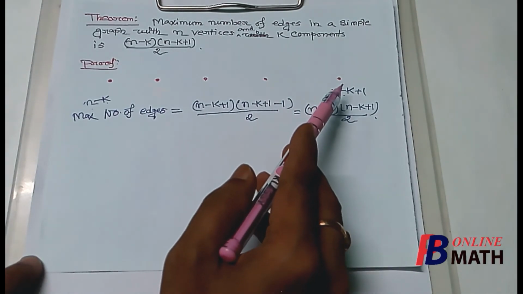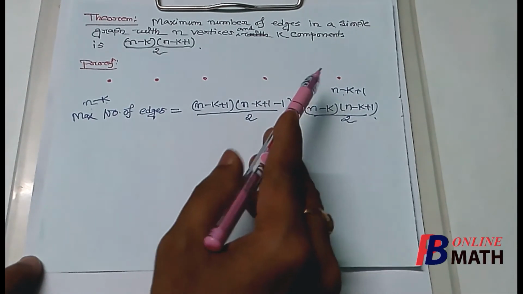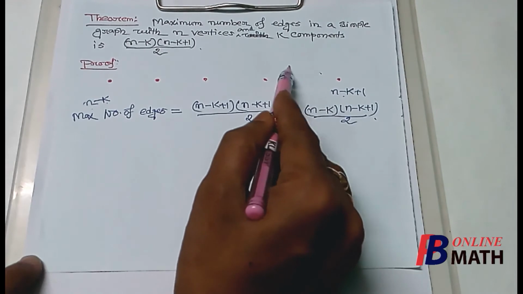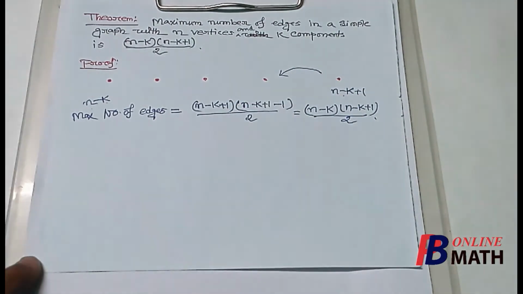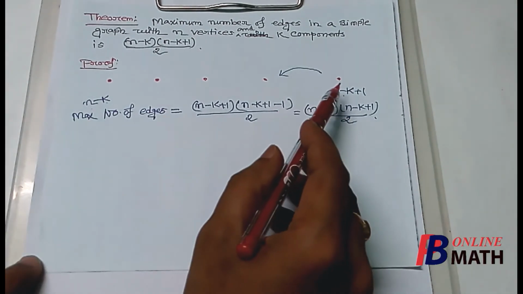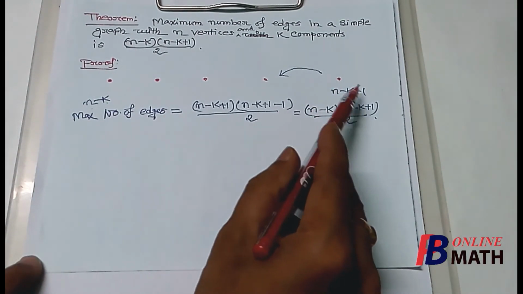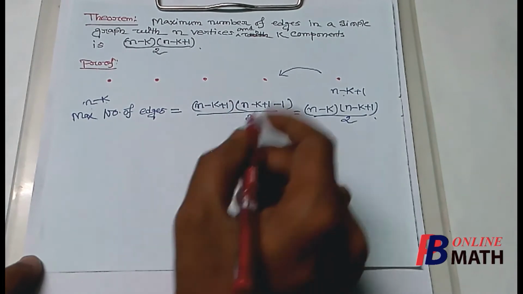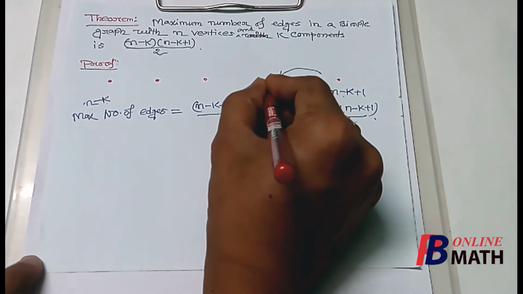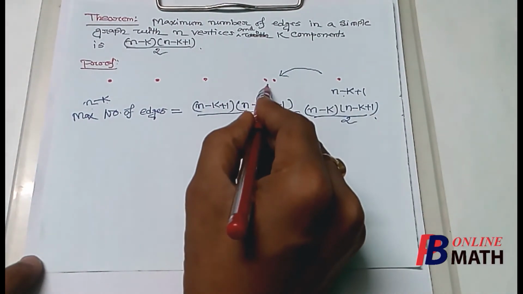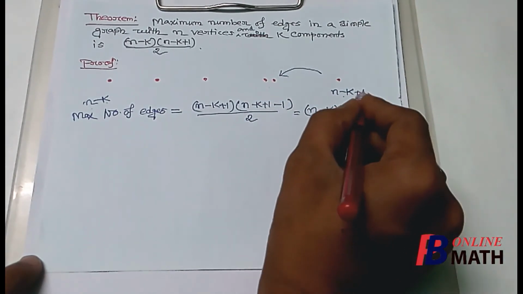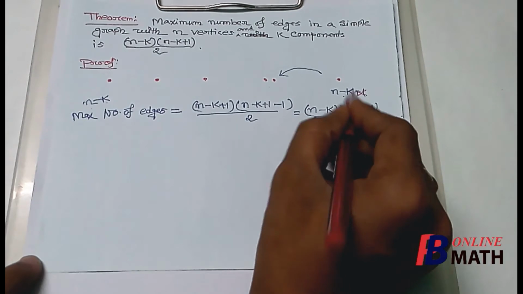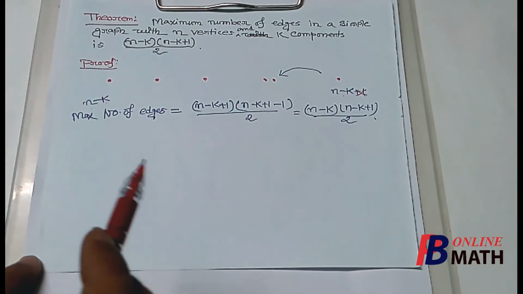Suppose we take one vertex from this component and put it in this component. Then the number of vertices in this component will be 2 and the number of vertices in this component will be n minus k.